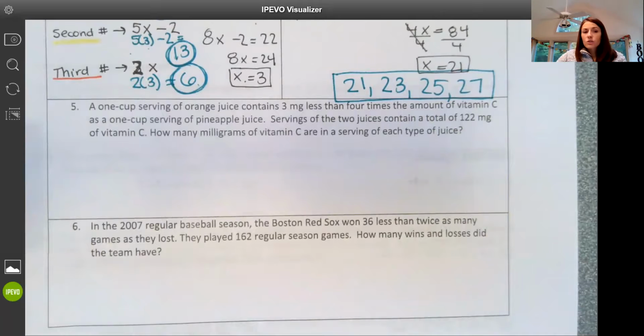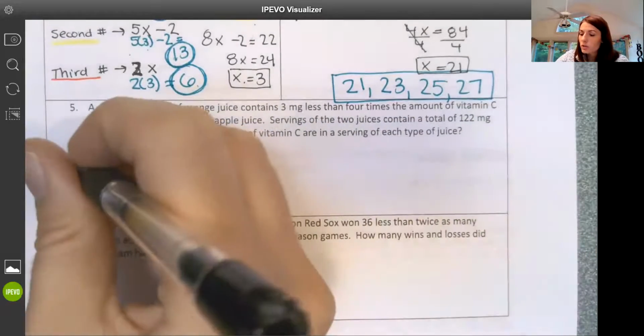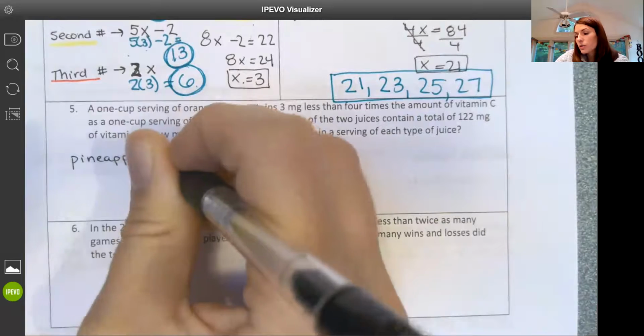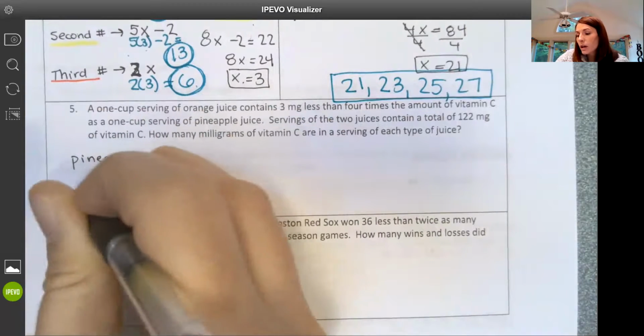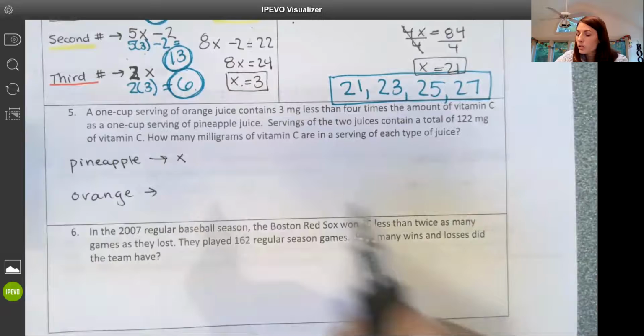So again, the trick here is to assign X to something that you can relate the other pieces to. You can see that orange juice is being related to the pineapple juice, so I'm going to call the pineapple juice X. Then the orange juice I can build an equation from.